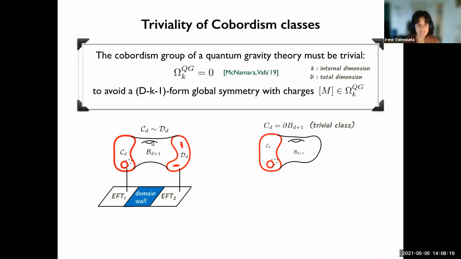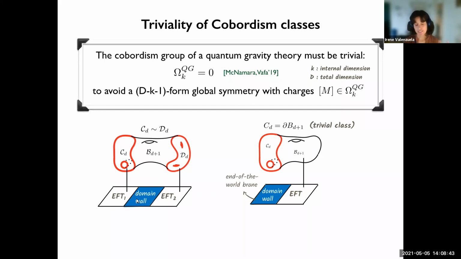And the existence of this cobordism, so the possibility of joining, that the union is the boundary of another one, gets translated to having a domain wall between the two different effective field theories. And in the case of the trivial class, it's like having some end of the world brane, so that there is nothing behind.